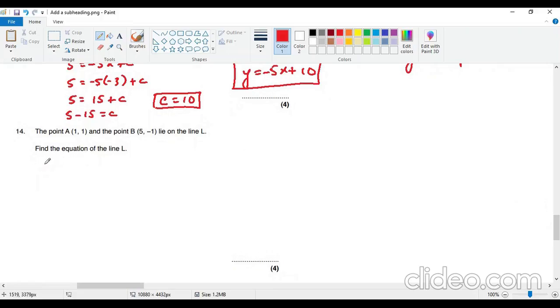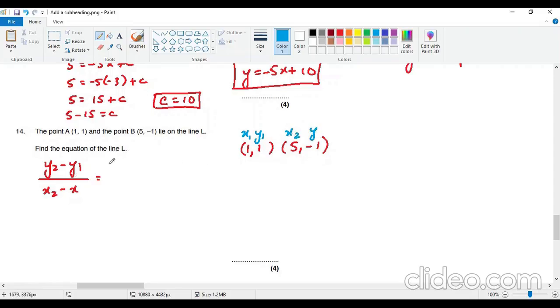Next question is the same type of question. First of all, we find the gradient: y2 minus y1 divided by x2 minus x1. The values are (1, 1) and (5, -1). I'm taking the first as x1, y1, and this one as x2, y2.